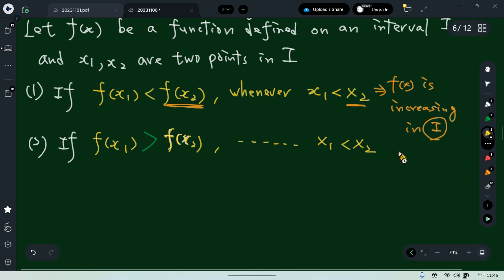You can see the larger the input x, the smaller the function value, right?